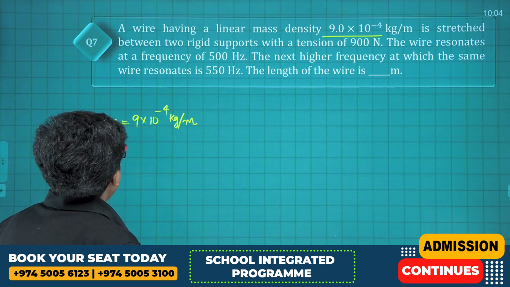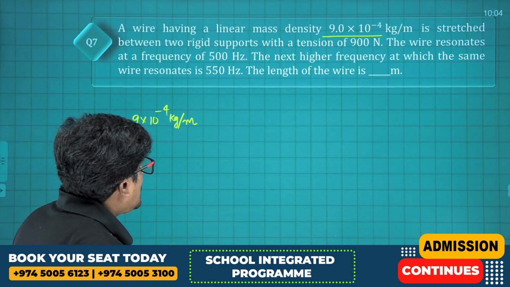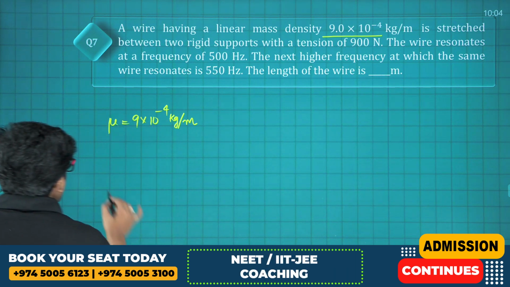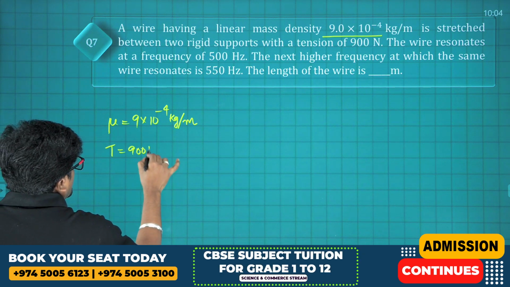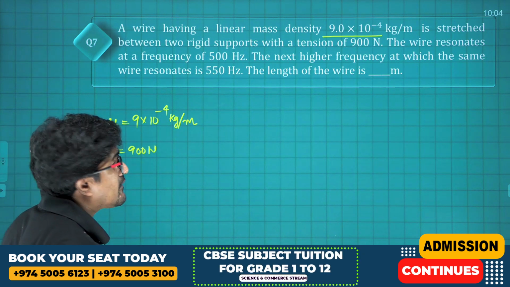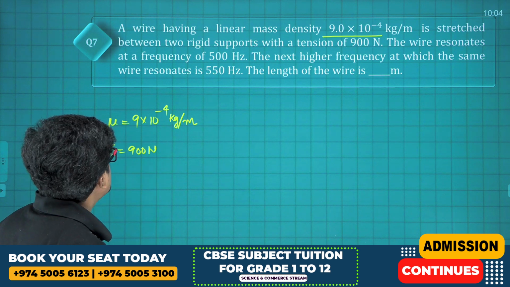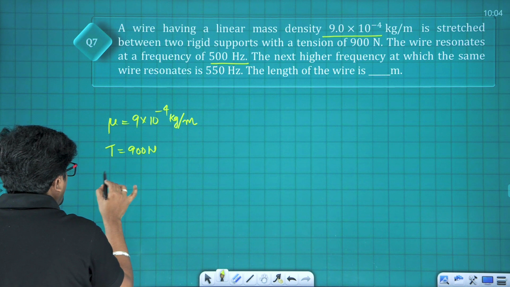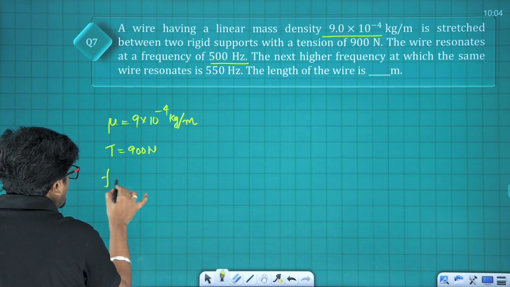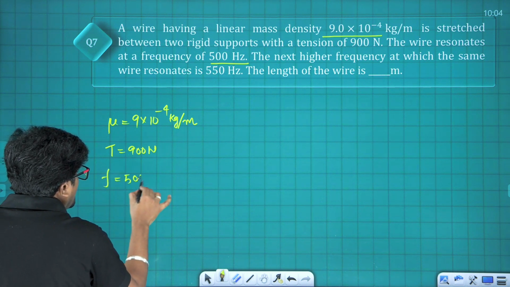It is stretched between two rigid supports with tension T equals 900 Newton. The wire resonates at a frequency of 500 Hertz. So the frequency at which it is resonating is equal to 500 Hertz.